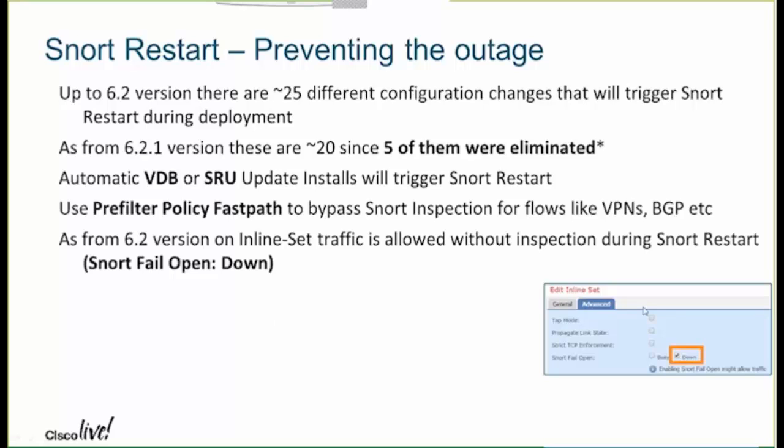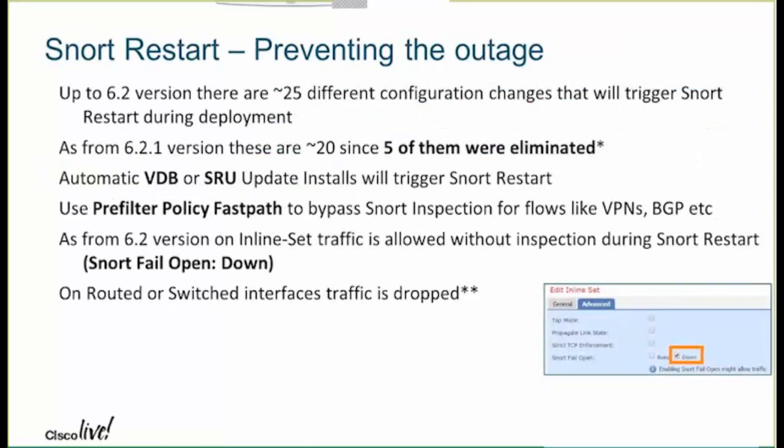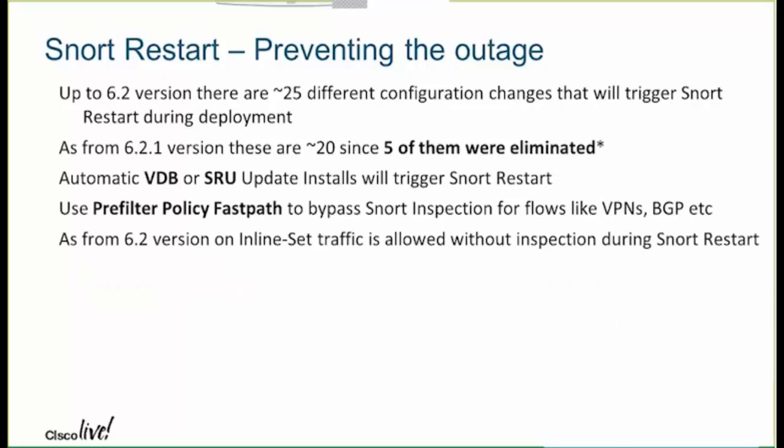But in case of inline sets configuration, you do have an option stating that if Snort goes down, we continue to forward the traffic through without dropping it. So as I mentioned, in routed or switched interfaces, traffic continues to get dropped.